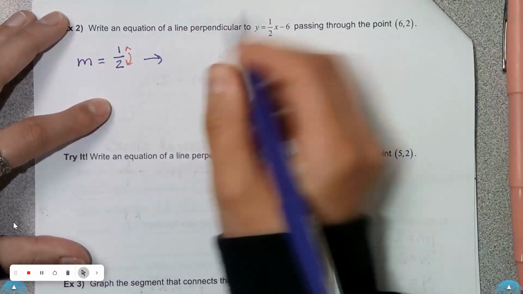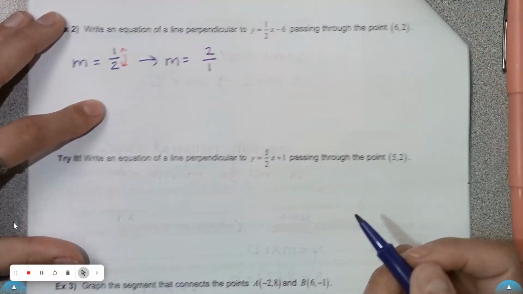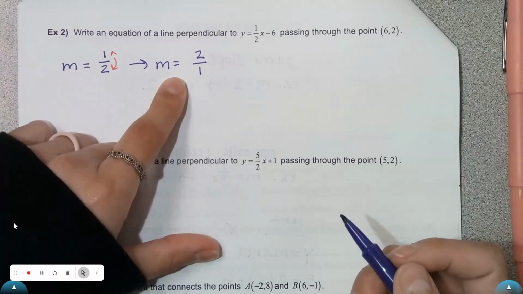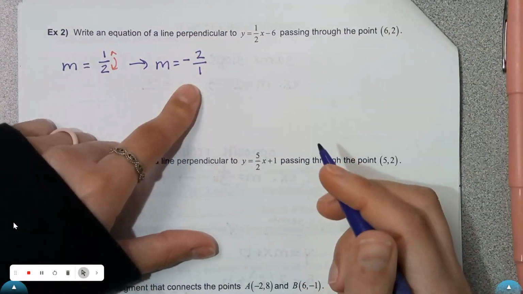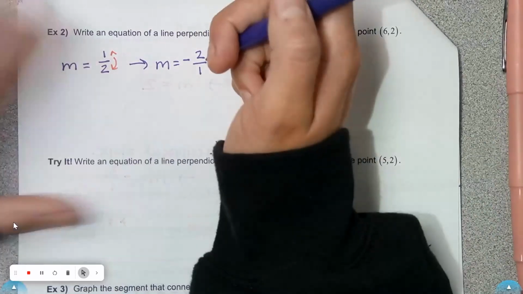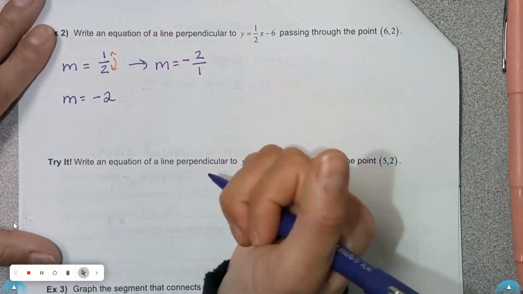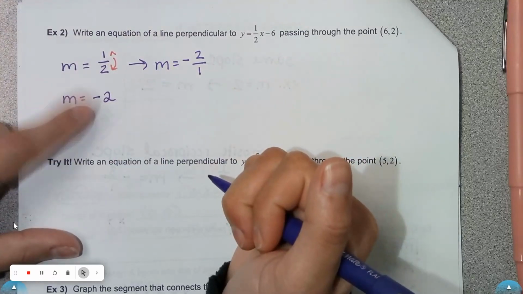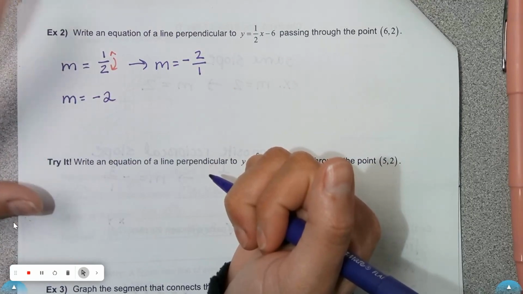So then that becomes 2/1. Okay, if this is positive, this becomes negative. So this becomes negative 2 over 1. We can simplify this more. If I simplify this more, I can leave it as negative 2. That's the slope that I want. That's my final slope. Okay, so it was this, but I flipped it and I switched it.